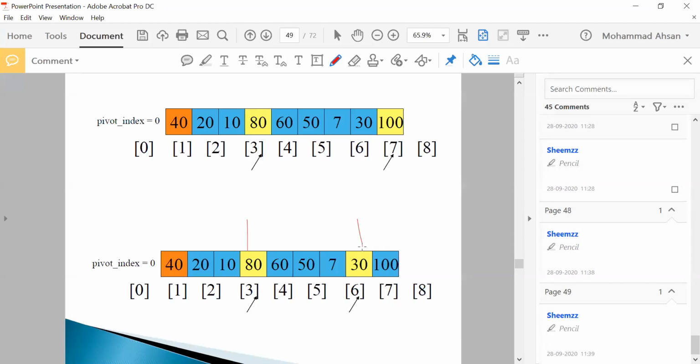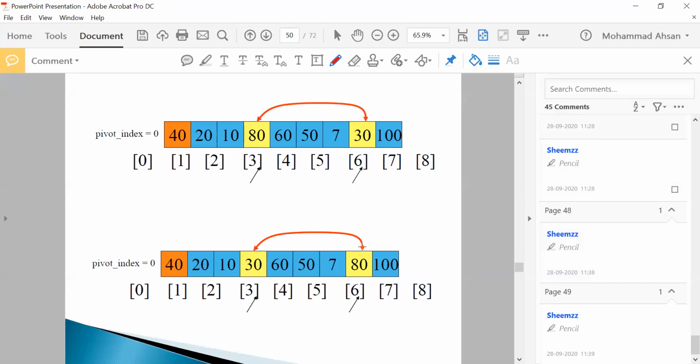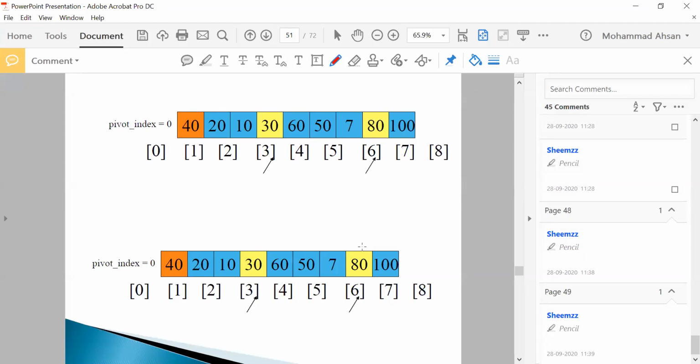So what happens when both are stuck? They swap the two values. So 80 comes in place of 30 and 30 comes in place of 80. 30 is less than 40, so now the left pointer can move ahead. This is your left and this is your right.